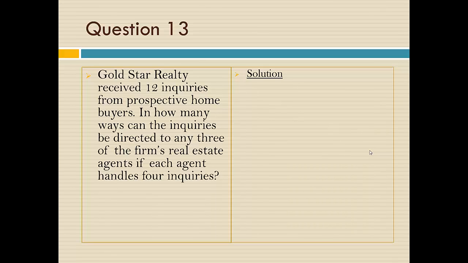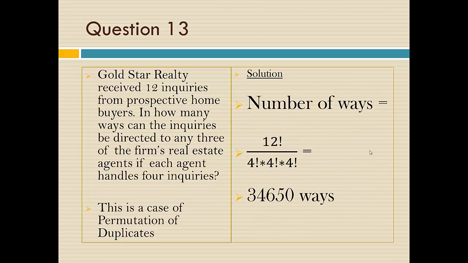So you have 3 agents, and each agent handles 4 inquiries. So this is also a case of permutation with duplicates. You have 12 inquiries, and the first agent handles 4, that has 4 duplicates. Second agent, 4 duplicates. Third agent, 4 duplicates. So you now get 34,650 ways.